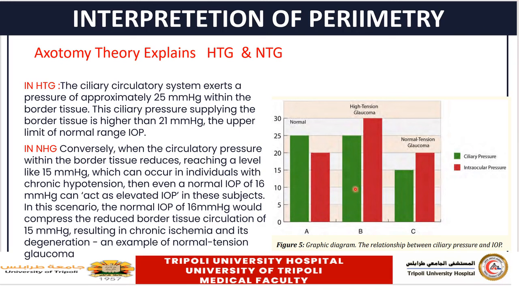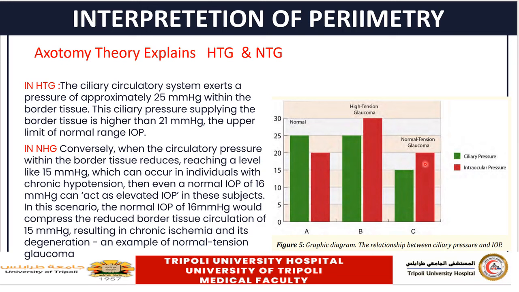Now, when there is elevation of the intraocular pressure beyond the 25 level, this is the problem that will happen in glaucoma. Contrary to that is low tension glaucoma. In low tension glaucoma, the tension is normal, for example 16 or 17, but the ciliary pressure, because of any disease leading to hypoperfusion, decreases in the ciliary circulation, and in turn decreases the pressure within the border tissues.